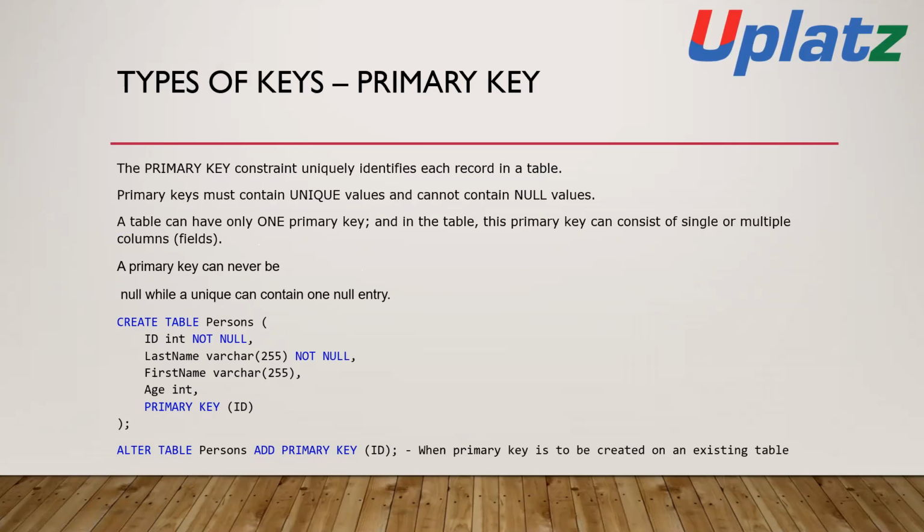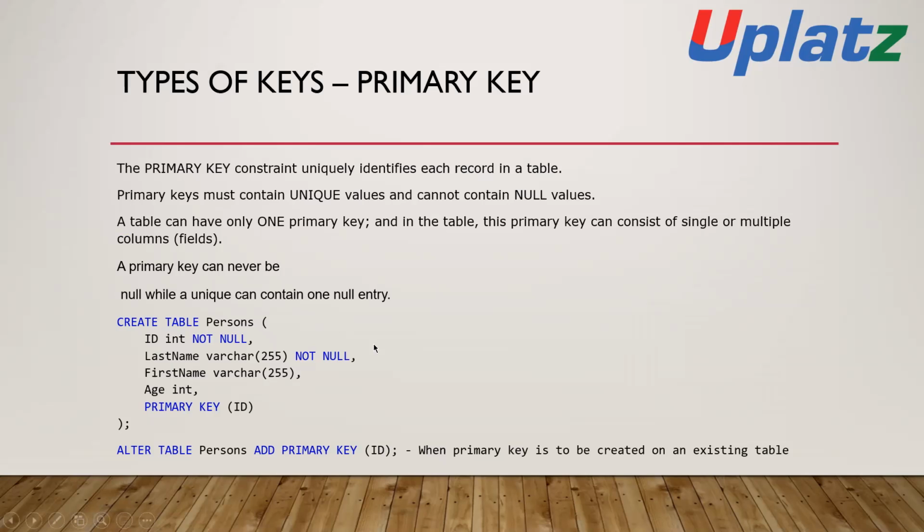But in case of unique key, we can have one null value, one null row, because that is also considered to be unique. A table can have only one primary key, and this primary key can consist of single or multiple column fields. So basically what it is trying to say is that there can be only one primary key. Now that one primary key can consist of one particular column or a combination of two columns.